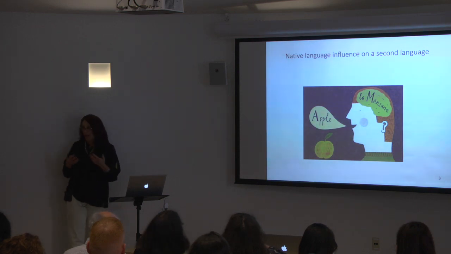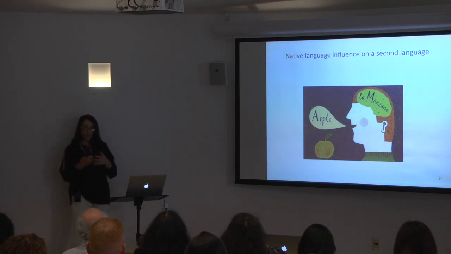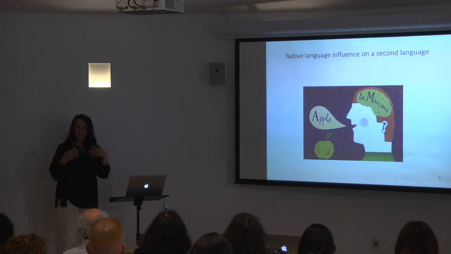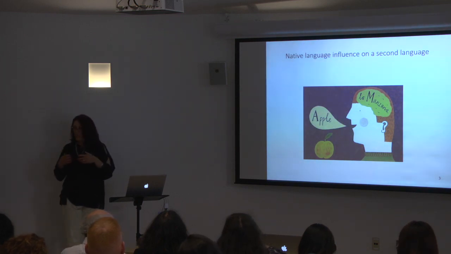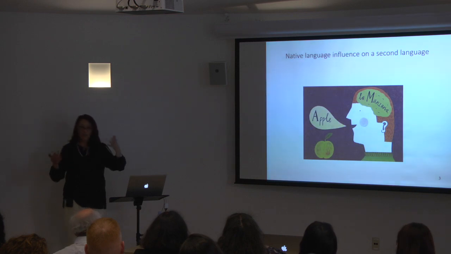And so we know that two languages are active and compete with one another, because when we ask bilinguals to name words like piano in one of their two languages, they are faster naming cognates than they are naming non-cognate words like chair.